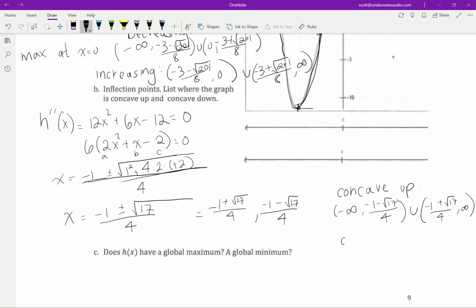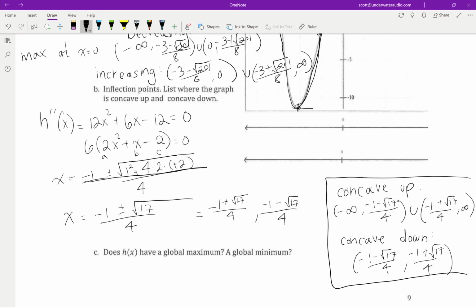And then it's concave down in the middle. Concave down from -1 minus the square root of 17 over 4, to -1 plus the square root of 17 over 4, my bad. So the middle part. So that's my final answer there.